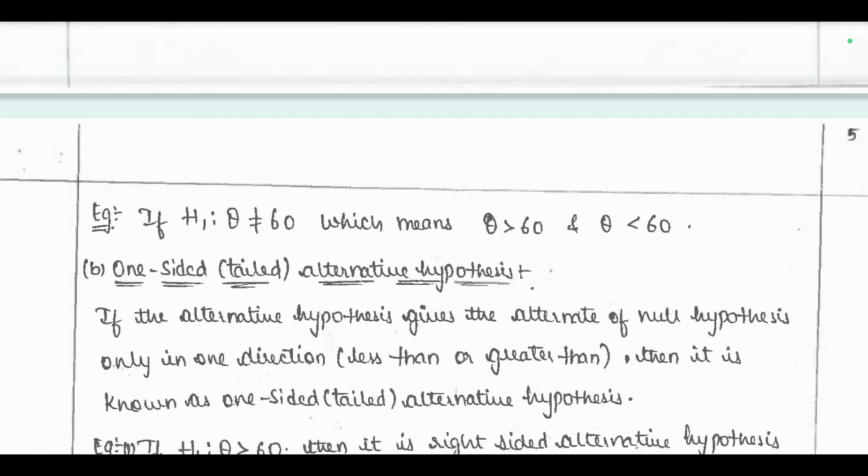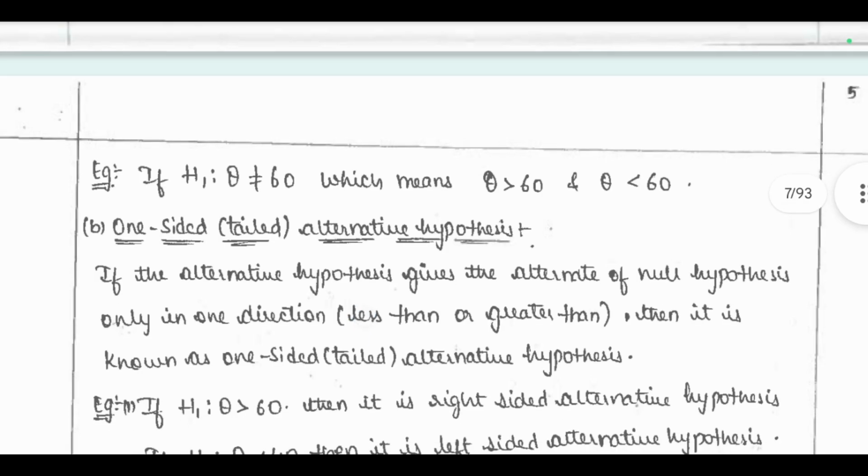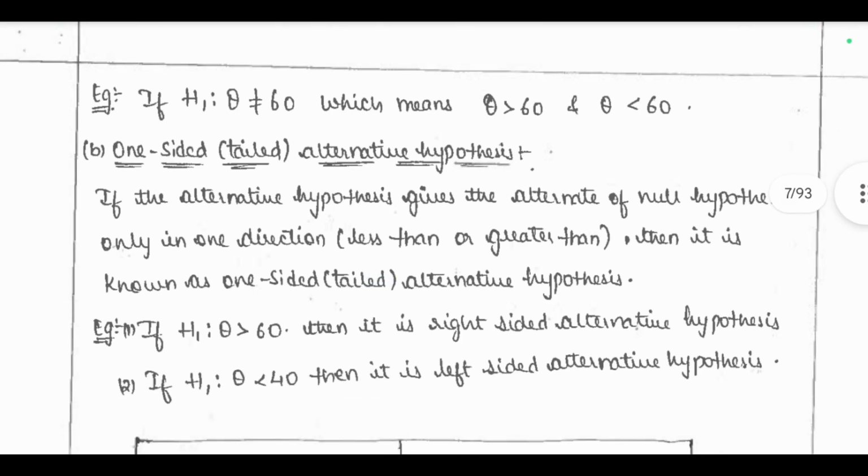For example, H1: theta is not equal to 60. That means it may be greater than 60 or less than 60.